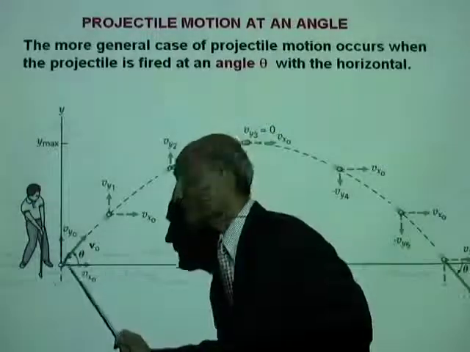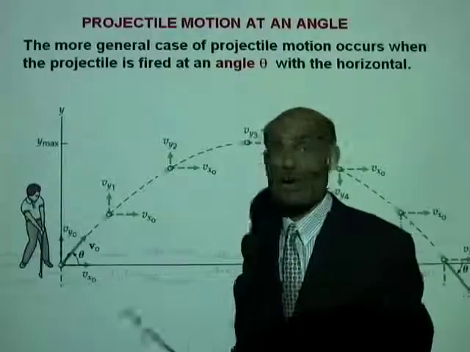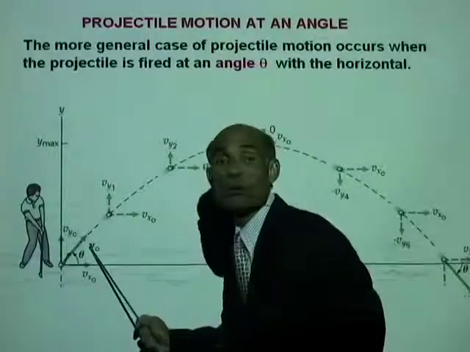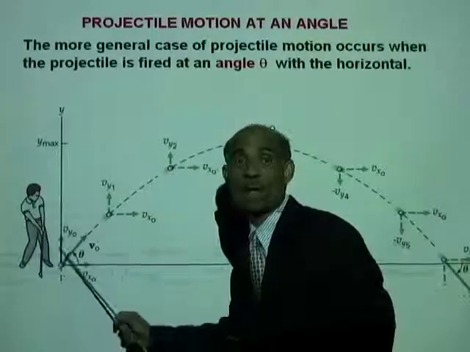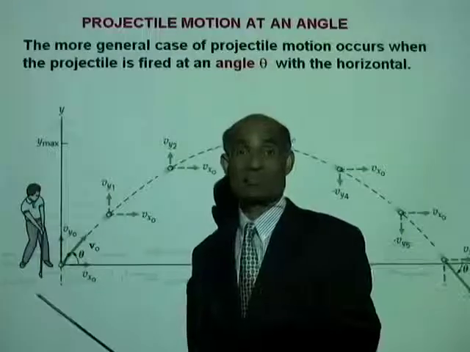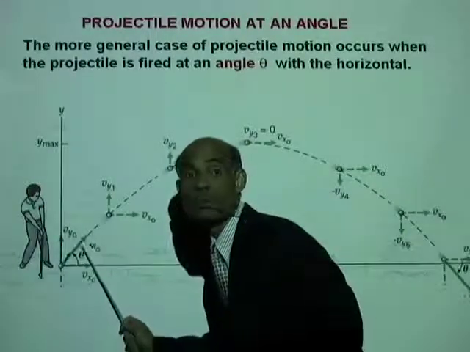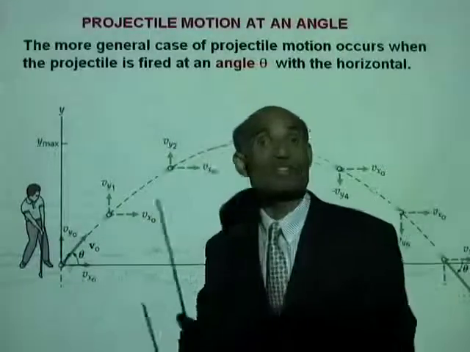If v0 is the velocity vector of the golf ball, can you tell me what are the components of this vector along the x-axis and along the y-axis? The angle it makes with the x-axis is theta.